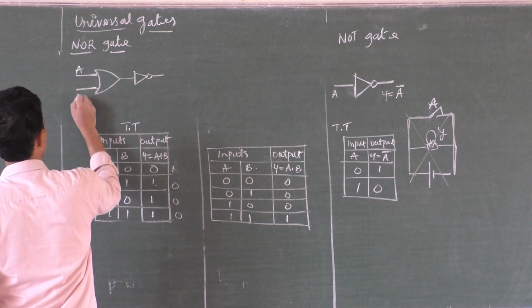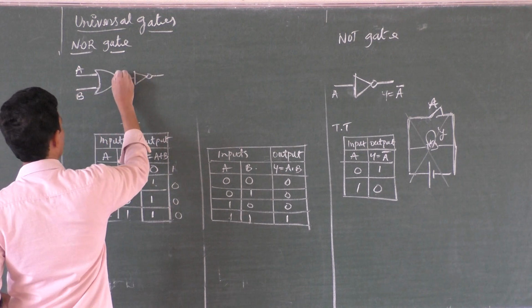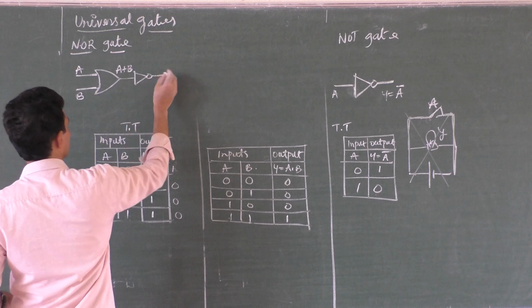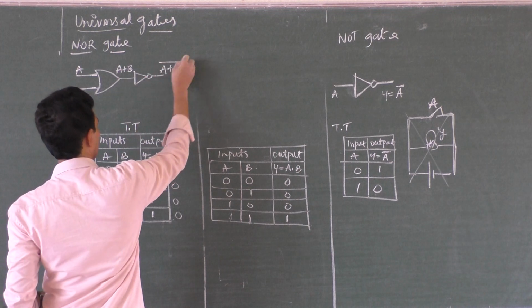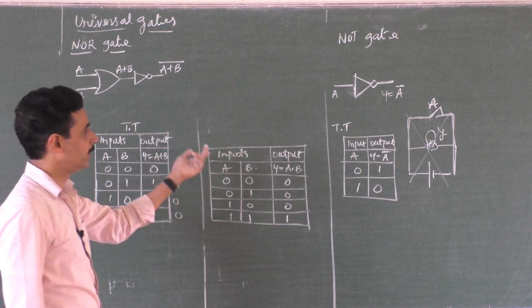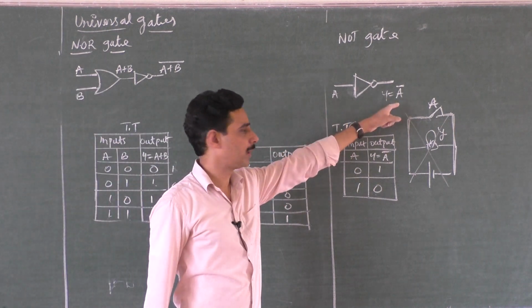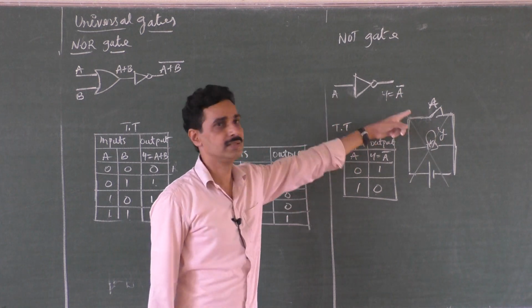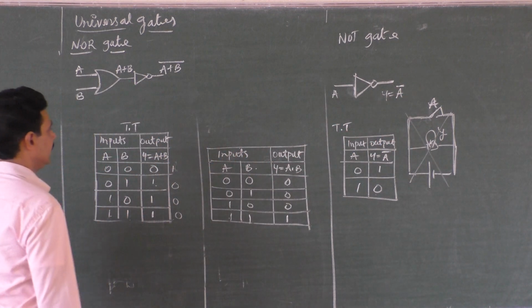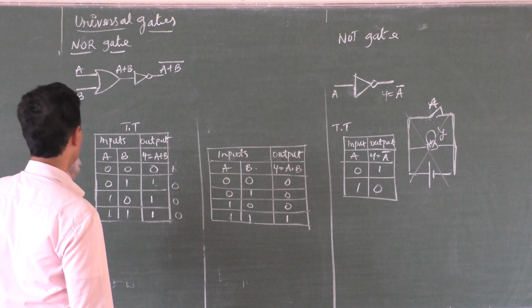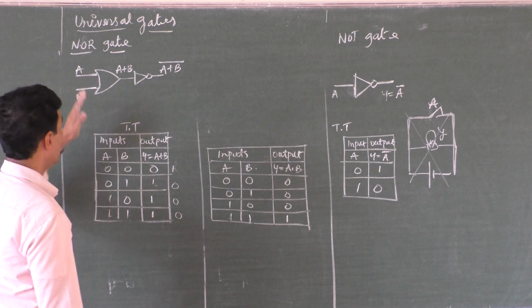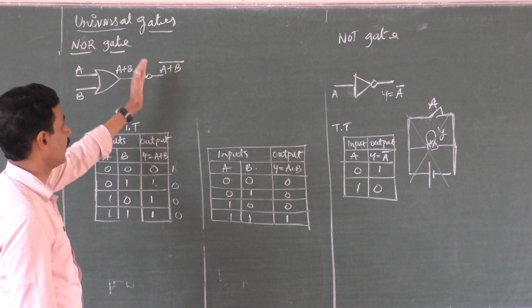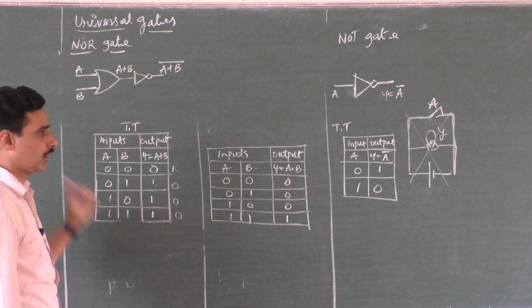If this is A, this is B, and this is A or B, here we get A or B bar. Isn't it? It is a complement. If this is A input, this is A bar. That means if this is 0, this is 1. If this is 1, this is 0. Similarly, it is complemented. If the output of an OR gate is connected to a NOT gate, the resulting logic circuit is called NOR gate.